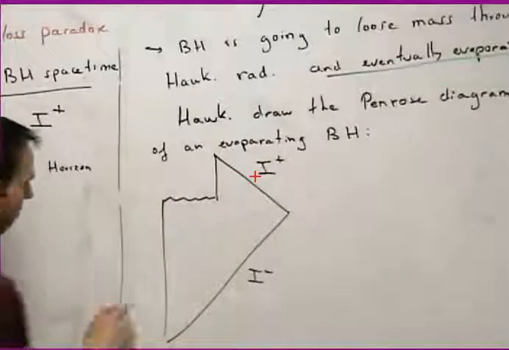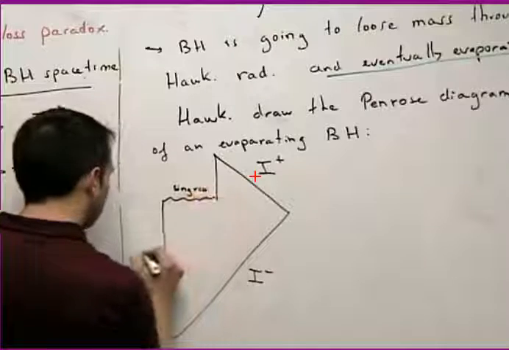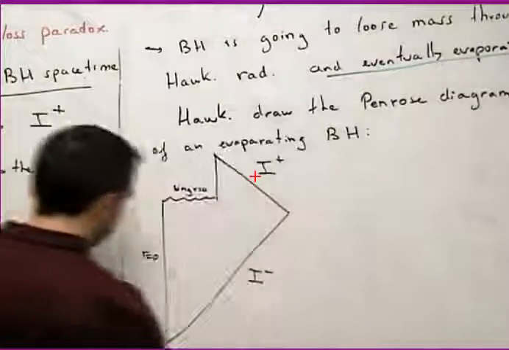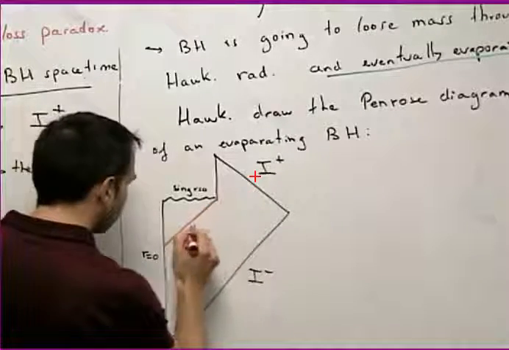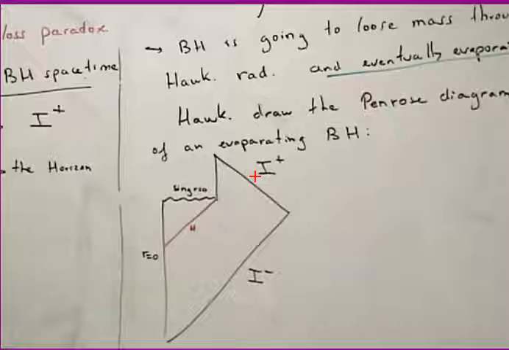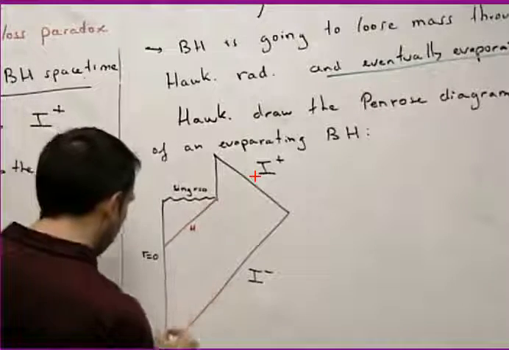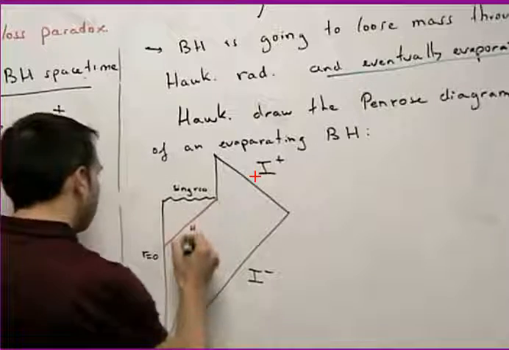So this is the Penrose diagram. This is the singularity at r equals 0. Also r equals 0 here. The event horizon here. And what we have, initially we have a collapsing star, it forms a black hole.